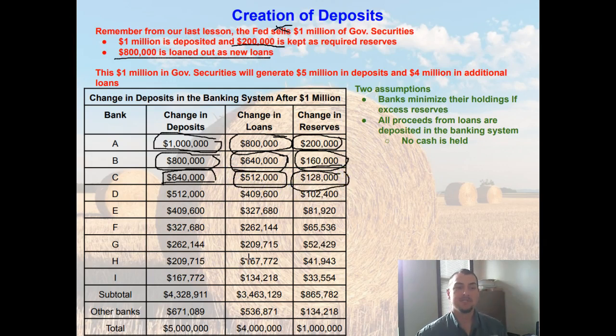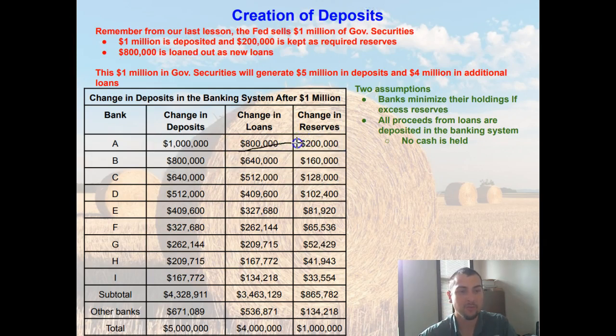In each one of these scenarios, we see that they have a change in deposits. They must keep 20% of that change in deposits, and they can loan out the rest. If they loan it out to somebody who gets that loan from Bank A, it gets deposited in Bank B, or several different banks. Bank B then takes that money and loans out more.